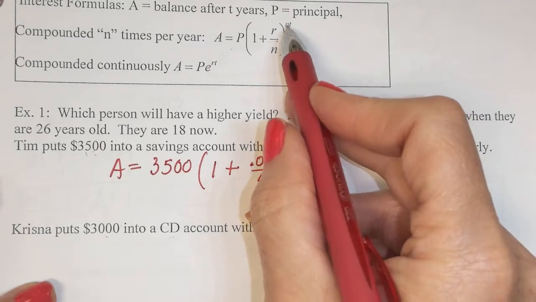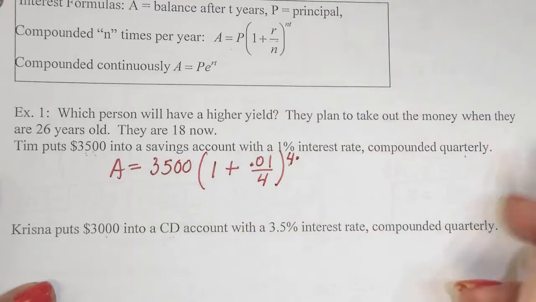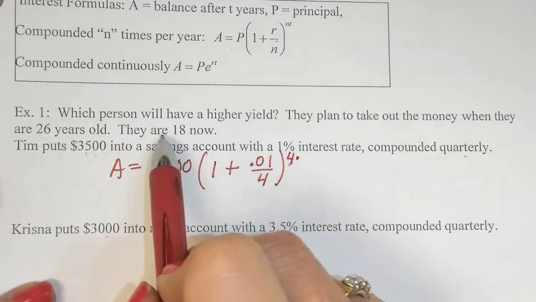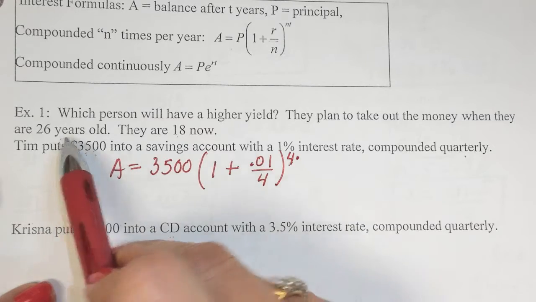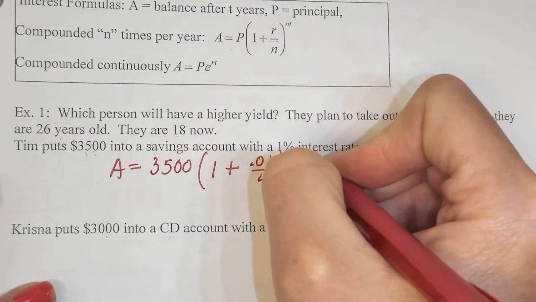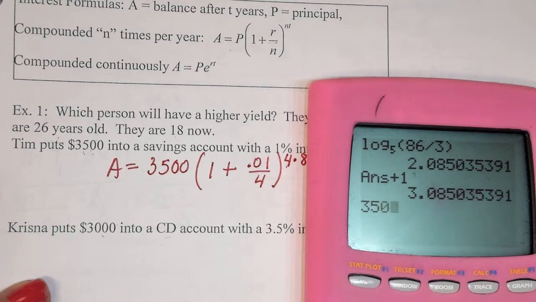Raised to the N is the number of times it gets compounded, which is 4 again, and then the number of years. Well, if they're 18 now and they're going to take it out when they're 26, that's going to be 8 years. So T is 8. All right, so now we just plug this into our calculator.